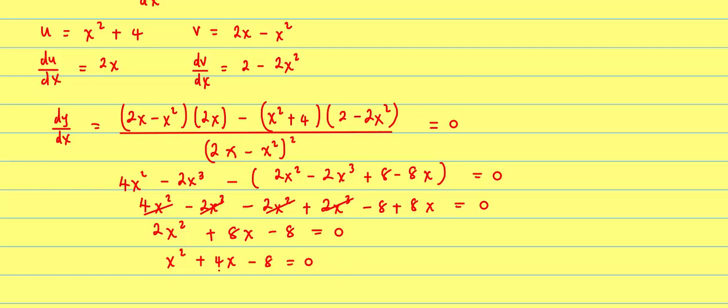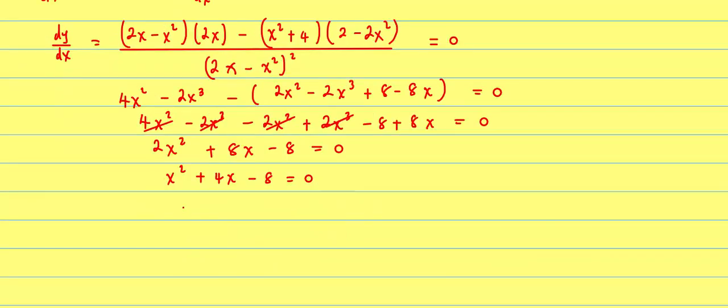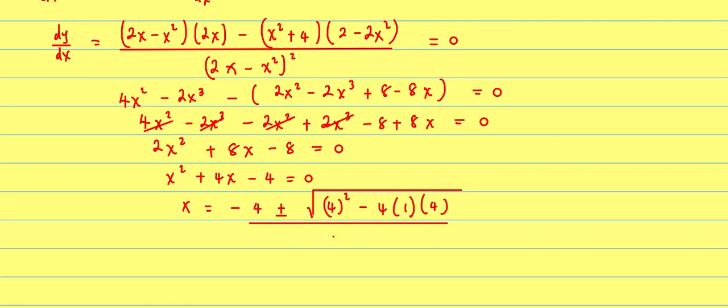Unfortunately, I cannot factorize this, so I'm going to have to make use of the quadratic formula. So x is equal to minus b, which is 4, so minus 4, plus or minus the square root of 4 squared, minus 4 lots of a, which is 1, multiplied by, sorry, this is meant to be equal to minus 4 after having divided throughout by 2 in this line here, so that is going to be equal to 4, and then this is divided by 2 lots of a again, which is equal to 1.